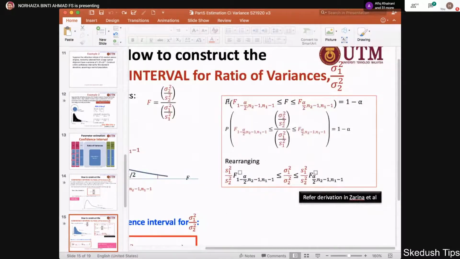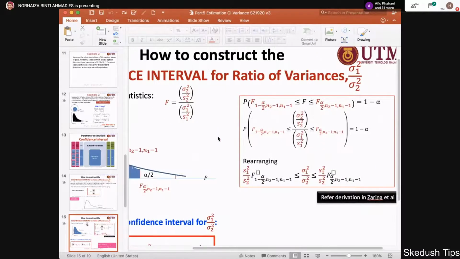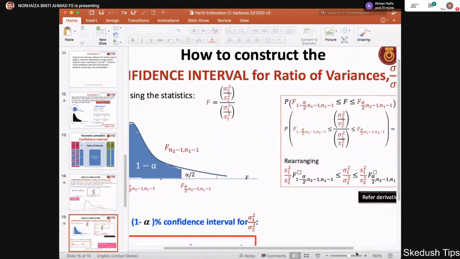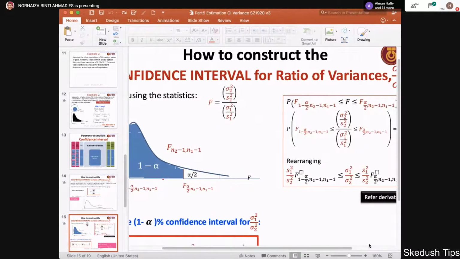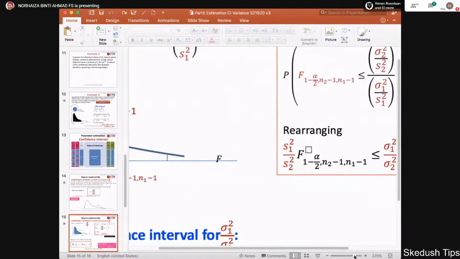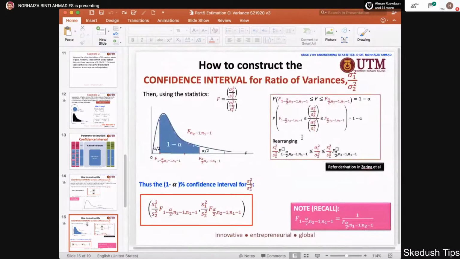So when I want to find my limits, this interval can be translated to this equation. I've got the limits 1 minus alpha over 2 and alpha over 2, for my F equal to 1 minus alpha.